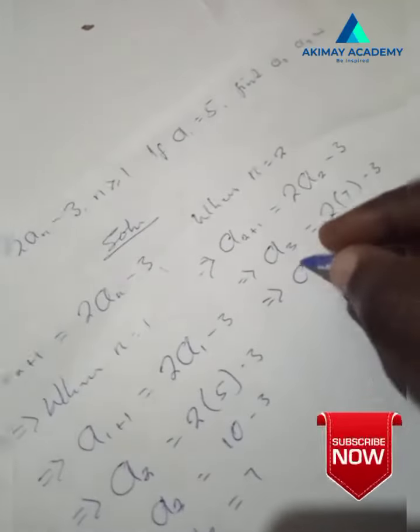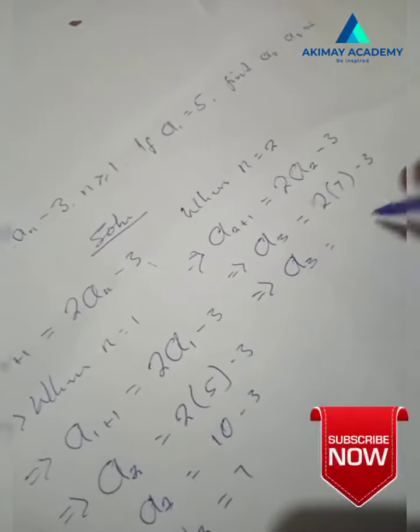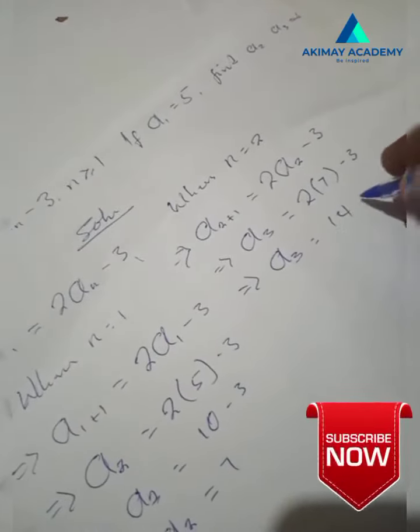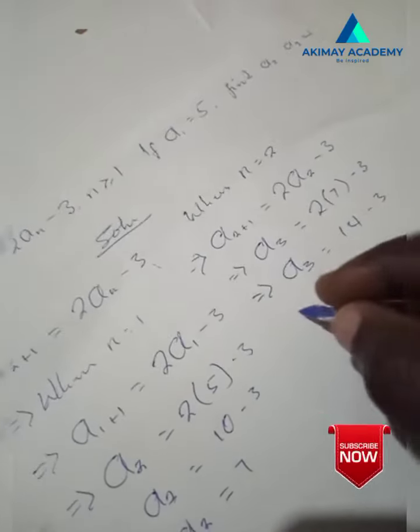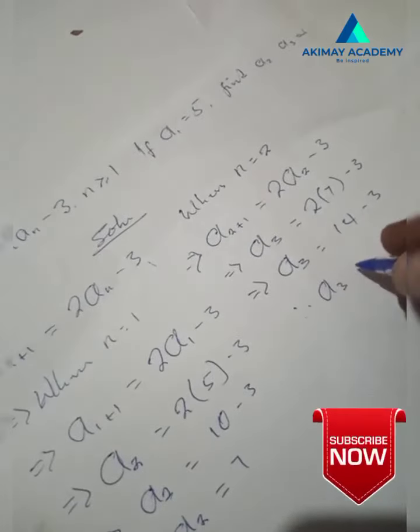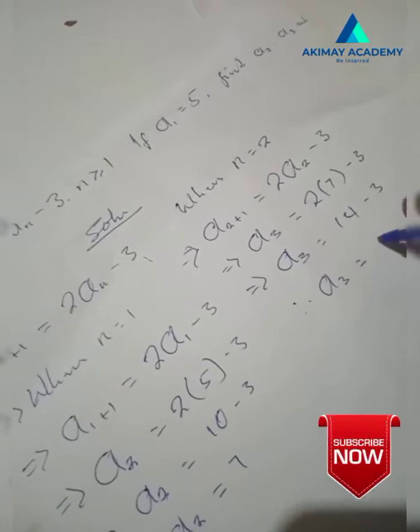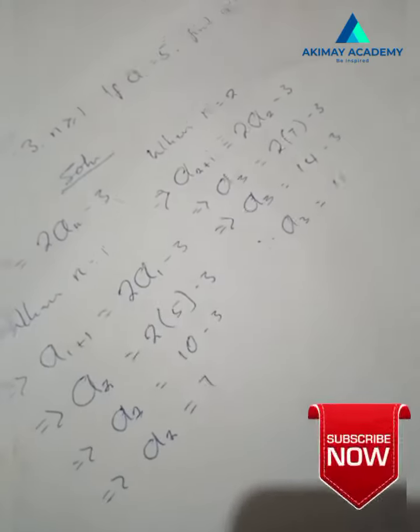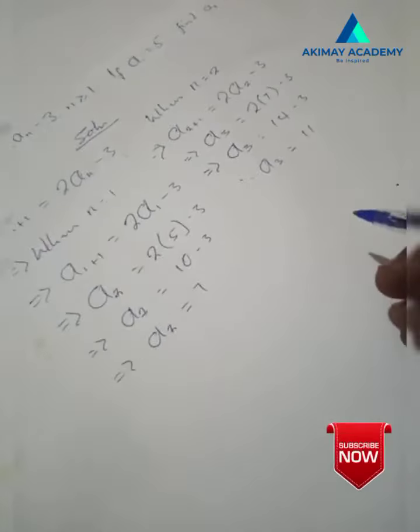So a subscript 3 equals 14 minus 3, and therefore a subscript 3 equals 11. So our a subscript 3 becomes 11.